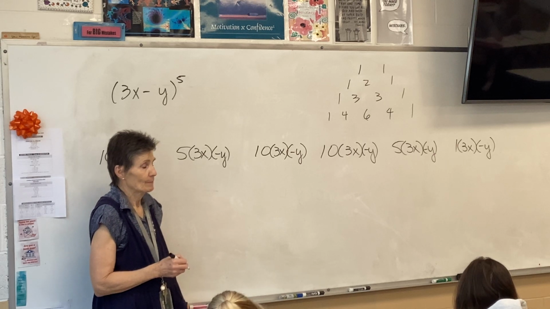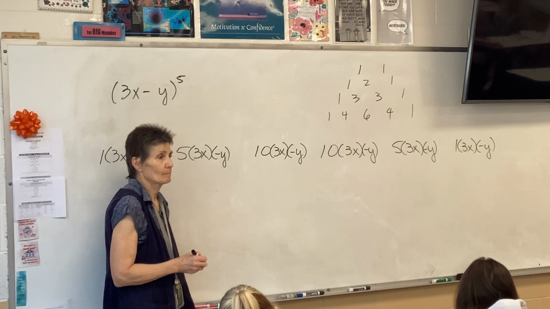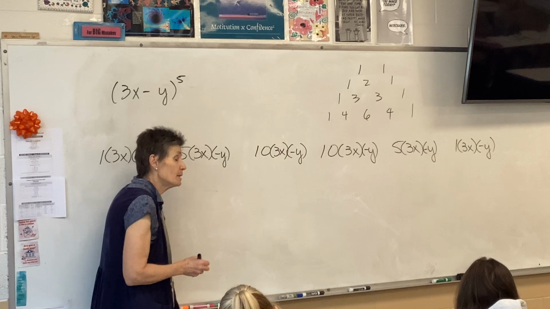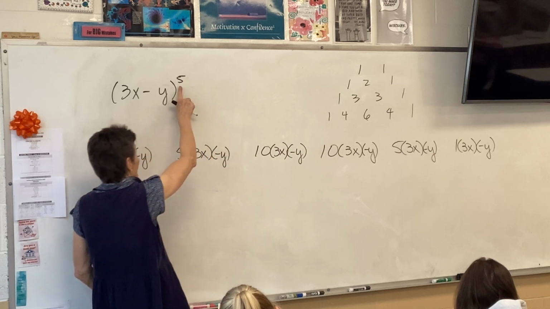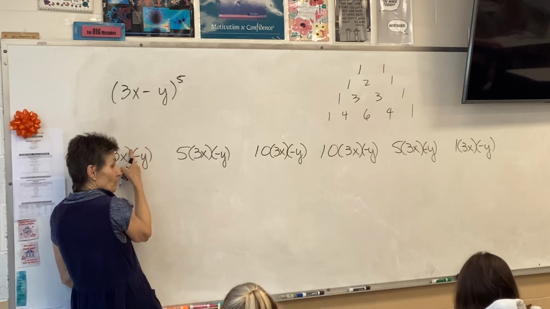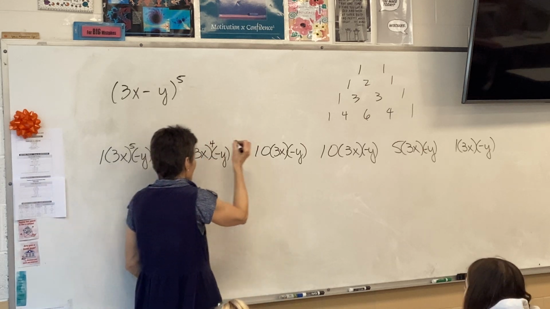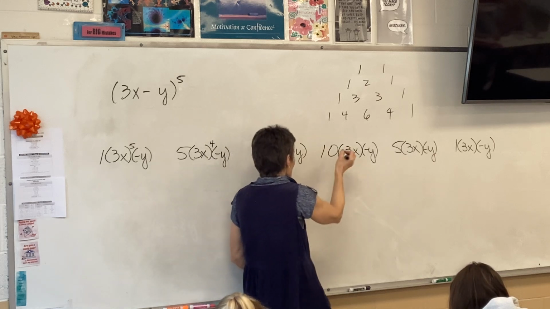Then what? Put the powers on. When you put the powers on, I start with 5 on the first letter, which is x, and then I count down on my x's.